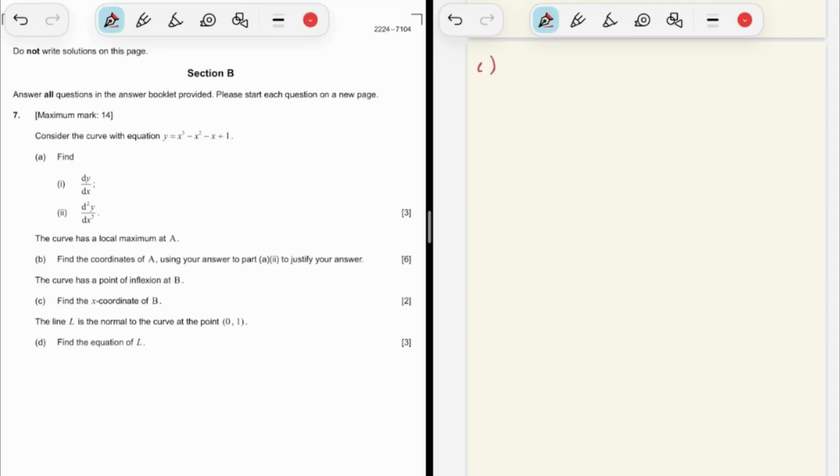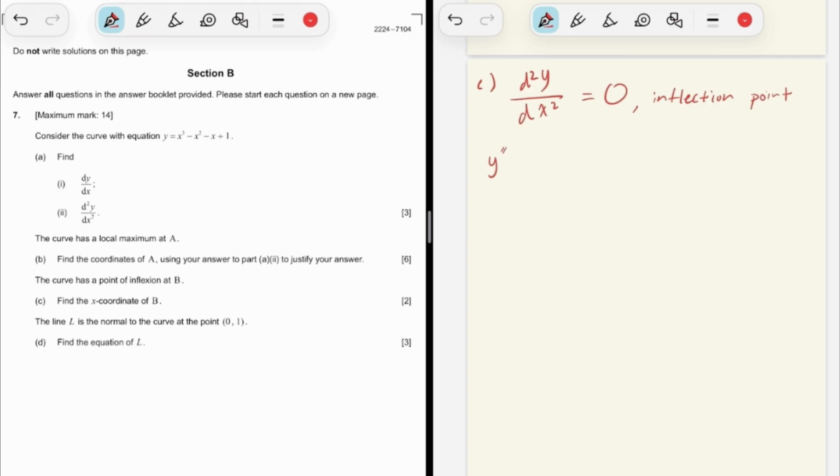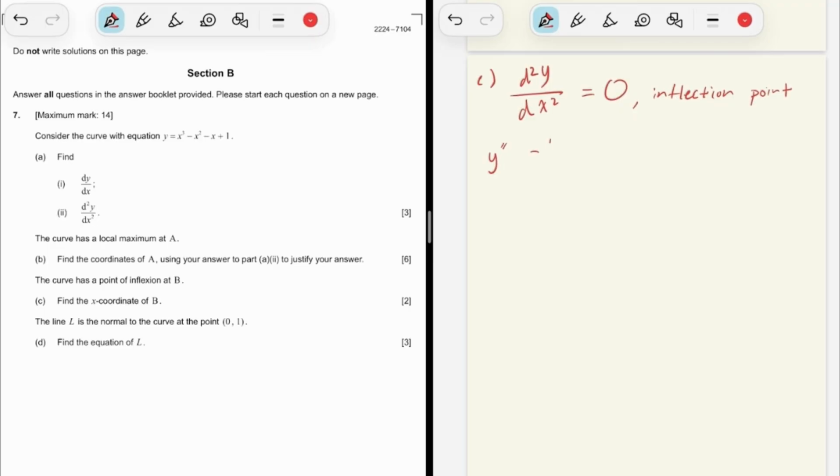Now moving on to C. So the point of inflection is always at when the second derivative is equal to 0. So that is d squared y over dx squared equals 0. And this is always where the inflection point is at. Y prime prime, or y to the second derivative, is negative 1 over 3, 1 over 3, and 1, in which it is concave down and concave up.